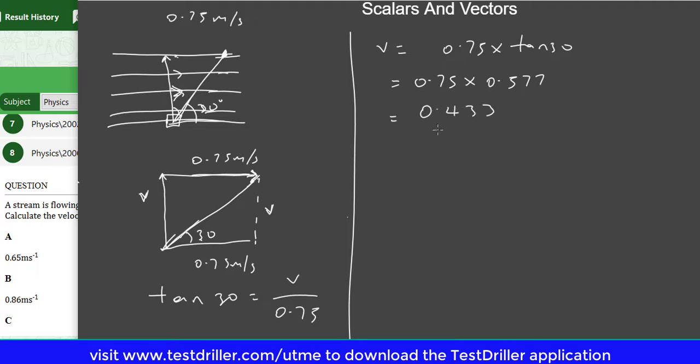So this is the velocity with which the boat must launch vertically in order to get to this point that it eventually got to. So this is how you calculate the speed of the boat.